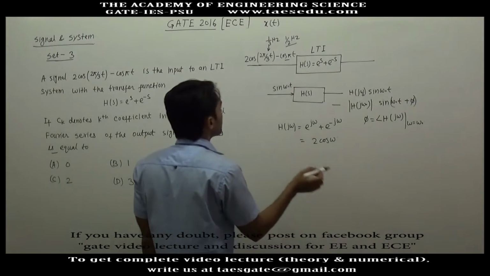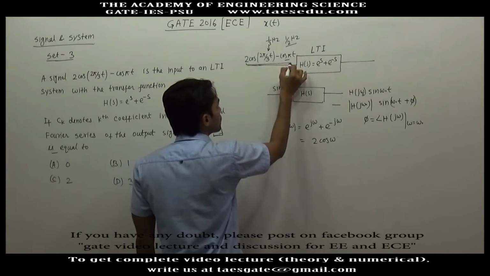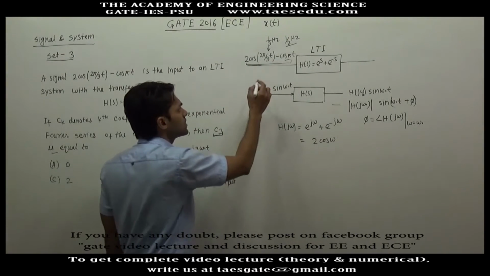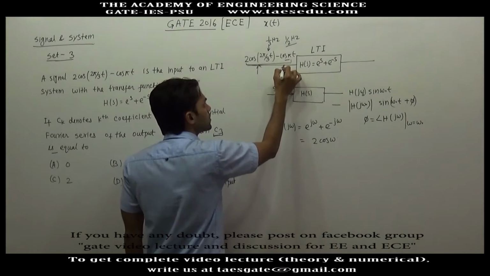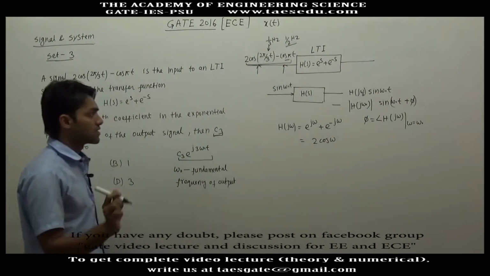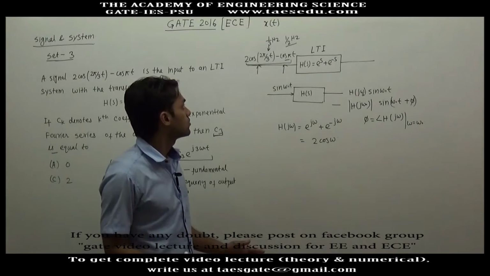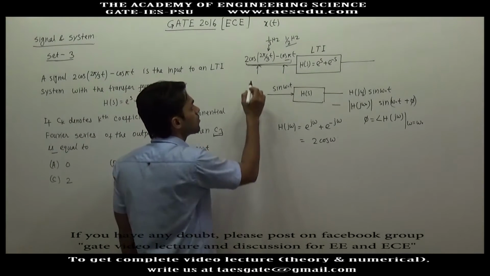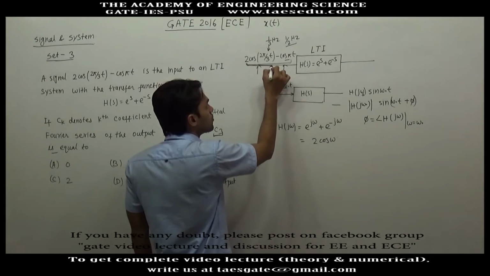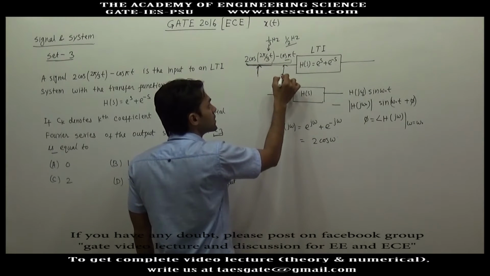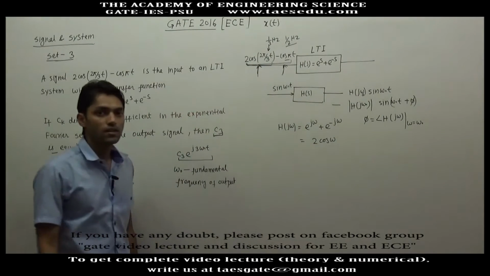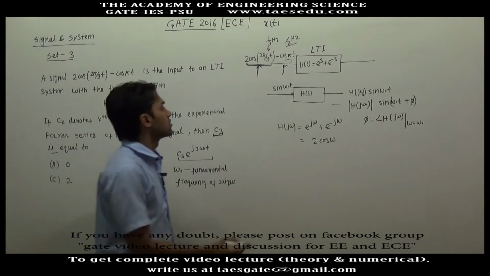Now the input is composed of two input signals, and since the system is linear, we will individually find the output due to each input signal, and then add those two outputs.